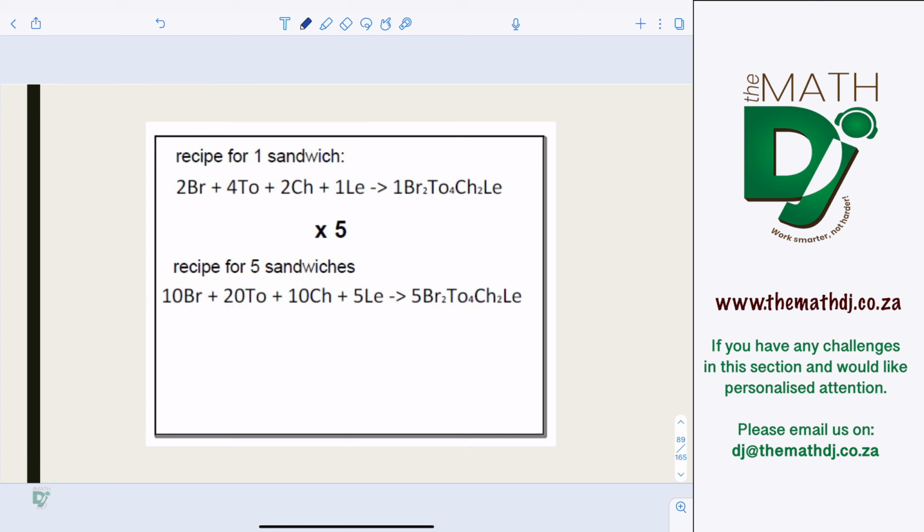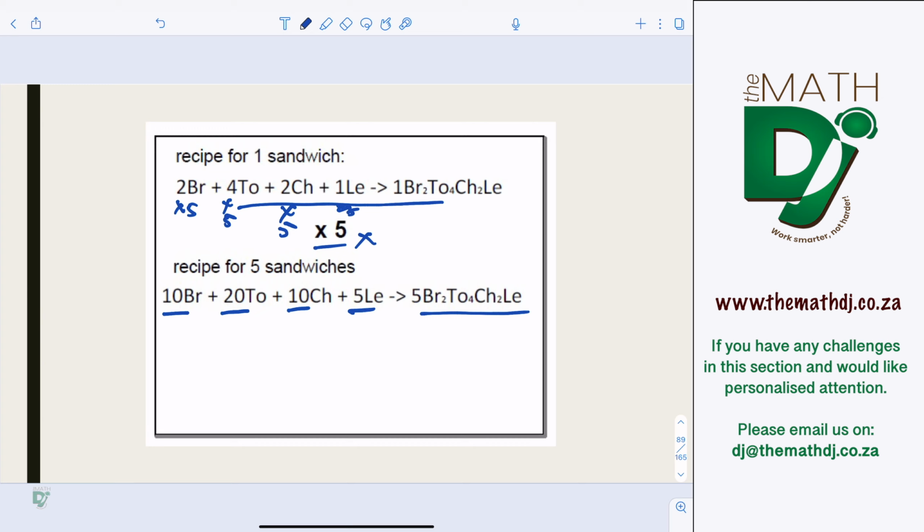So for one sandwich, we have this. Then you just multiply it by 5, as you can see here. 2 times 5 is 10, 4 times 5 is 20, 2 times 5 is 10, 1 times 5 is 5, giving 5 sandwiches.